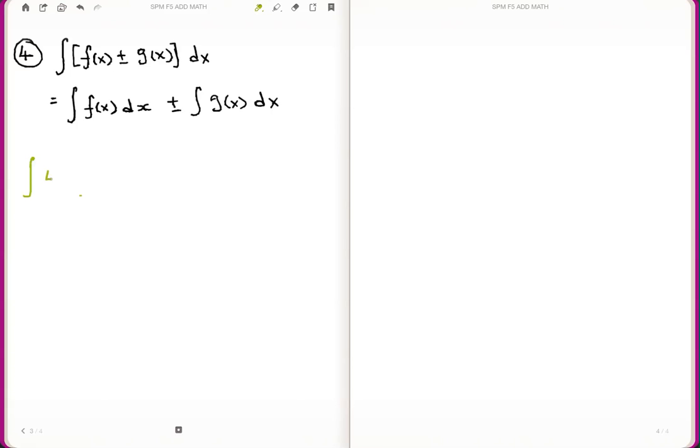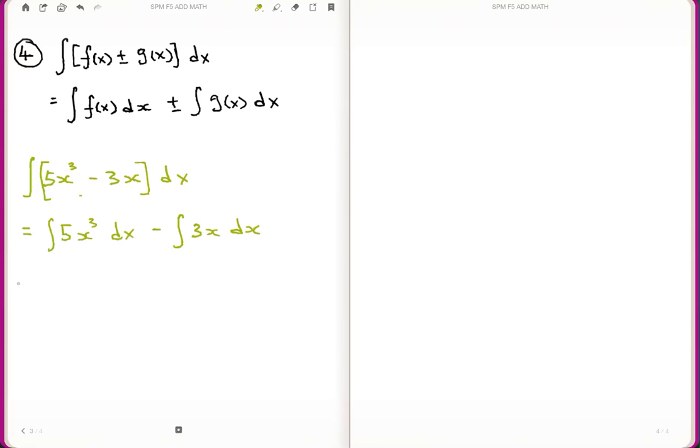Maybe I have 5x cubed as my first function, and maybe I subtract 3x as my second function, in terms of dx. So therefore that would be integrate one at a time: integrate 5x cubed dx minus integrate 3x dx.